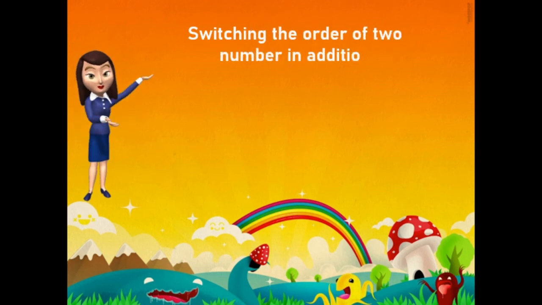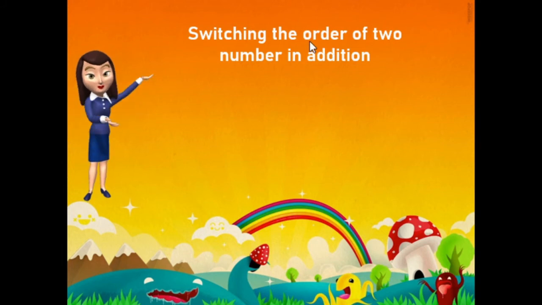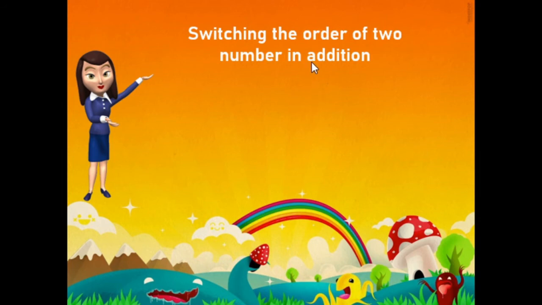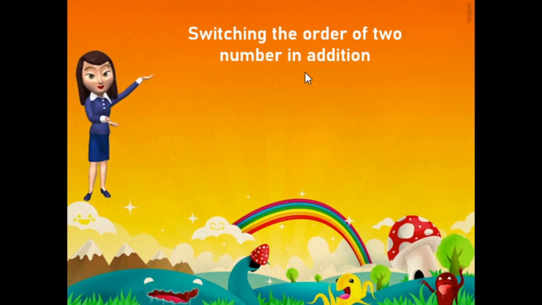In adding numbers, we have the so-called switching the order of two numbers in addition. When we switch the order or the position of the numbers, it does not affect the final answer or the sum.